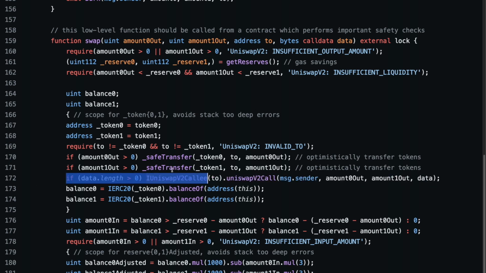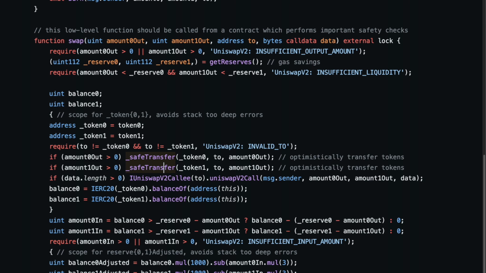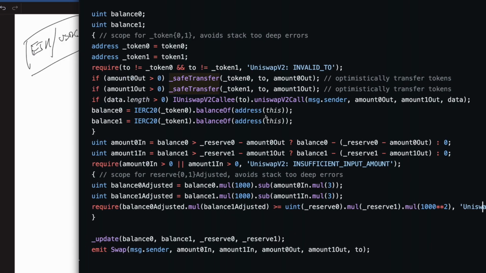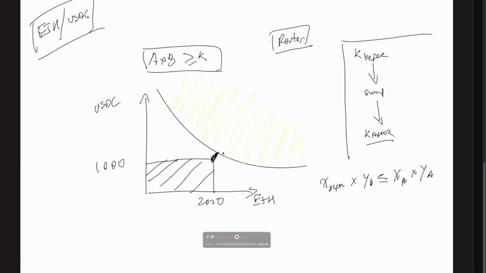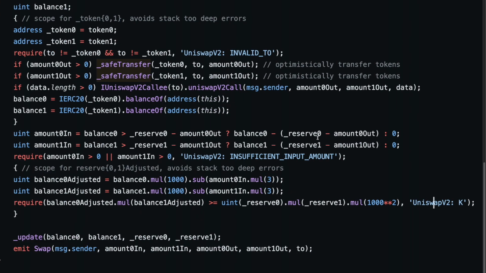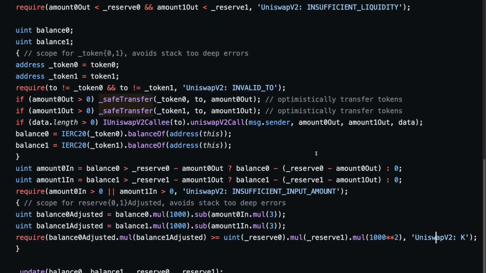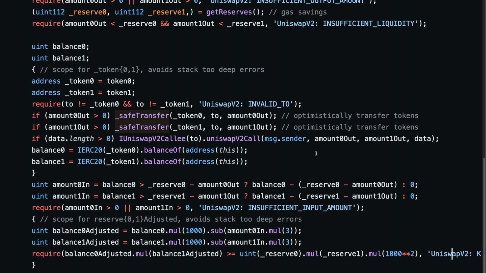So what it does, in summary, is transfer the tokens before you actually check for the K. This K check on the side represents the check that I just mentioned before. It's going to check that this product lies at least on this line or this area here. So if it goes below, like in this graph, it's going to fail. And this is the way Uniswap makes sure that the amount of tokens you are sending with your swap is actually correct.